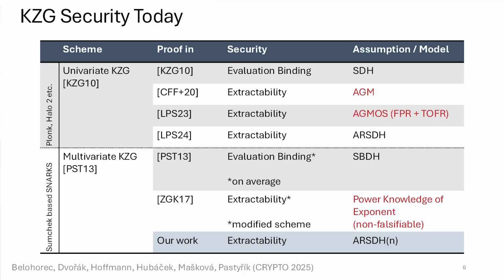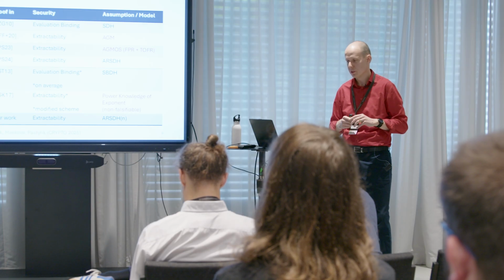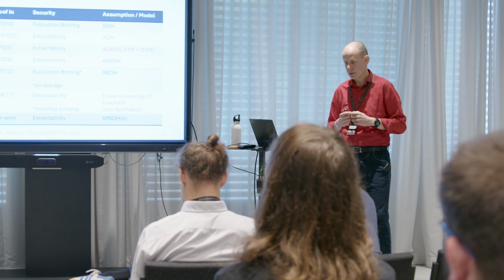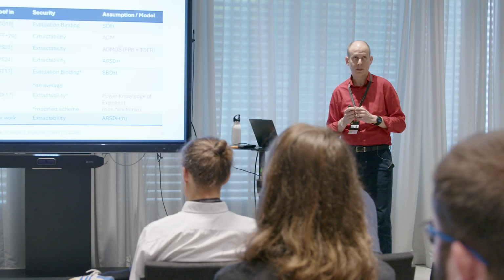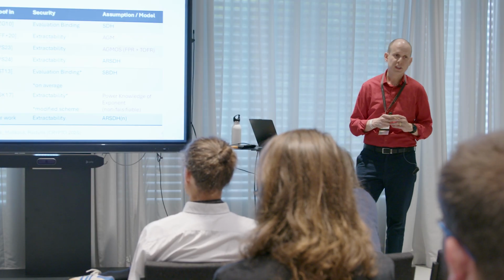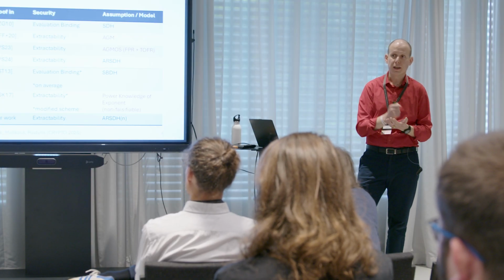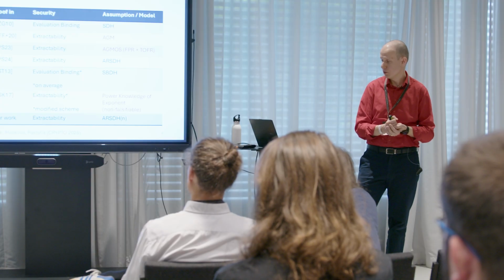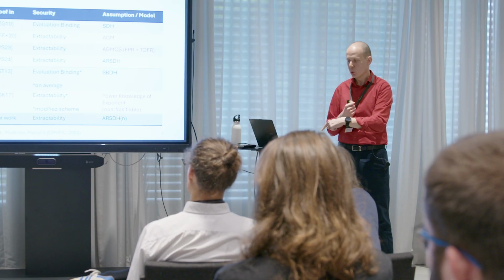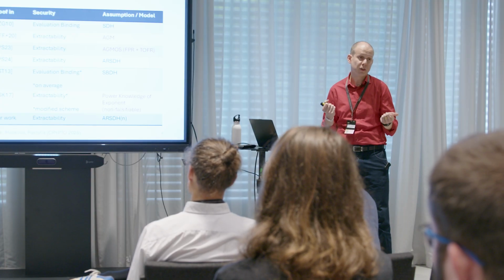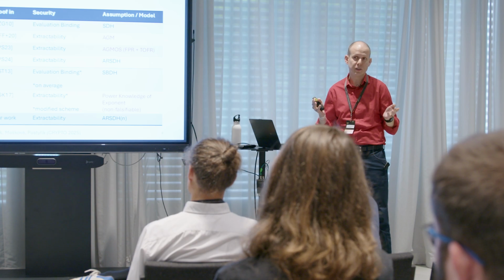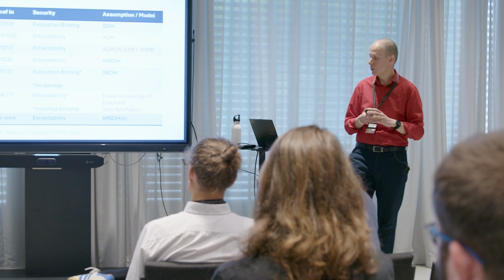And that we don't really get out of the original univariate scheme. However, quite soon after the KZG paper, there was Papamanthou, Shi, and Tamassia in 2013. They introduced a multivariate variant of KZG and showed right away, again it was 2013, so no application towards SNARKs in mind, that it's evaluation binding.